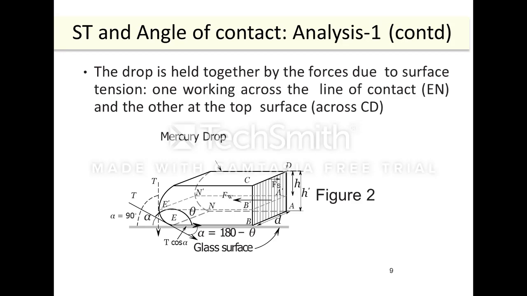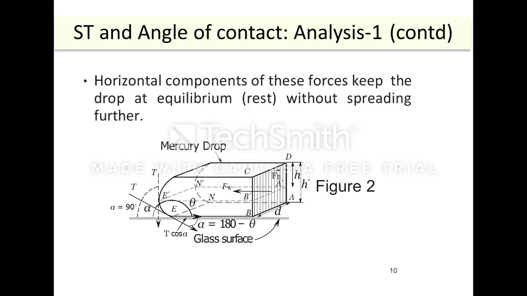The drop is held together by the forces due to surface tension, one working across the line of contact EN and the other at the top surface across CD. Horizontal components of these forces keep the drop in equilibrium, that is at rest, without spreading further.